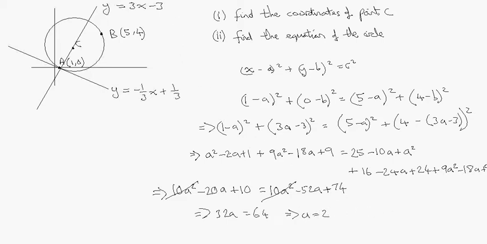And from the equation up here for the centre line normal to the tangent line, we have y equals 3x minus 3, which we can read as being b equals 3a minus 3, so a equals 2 implies that b is equal to 3 times 2 minus 3, which is 6 minus 3 is 3. So the centre of the circle is 2, 3.